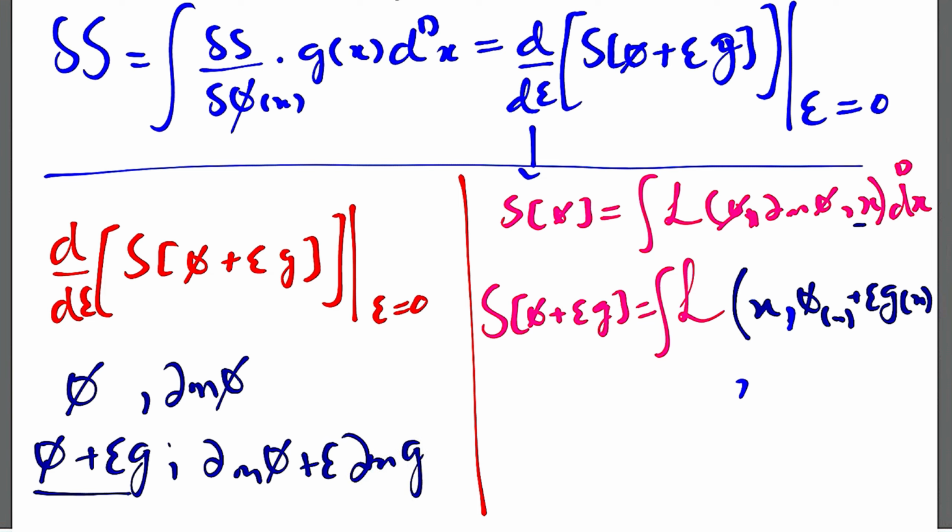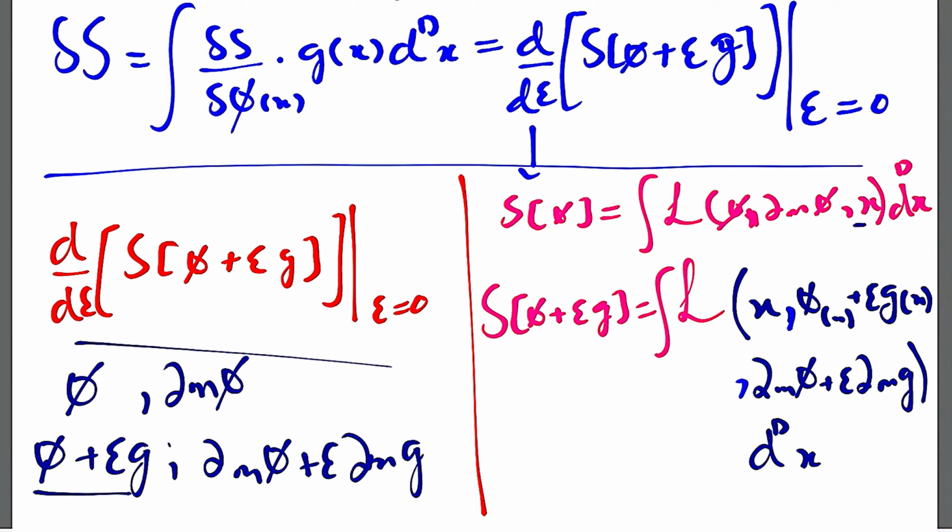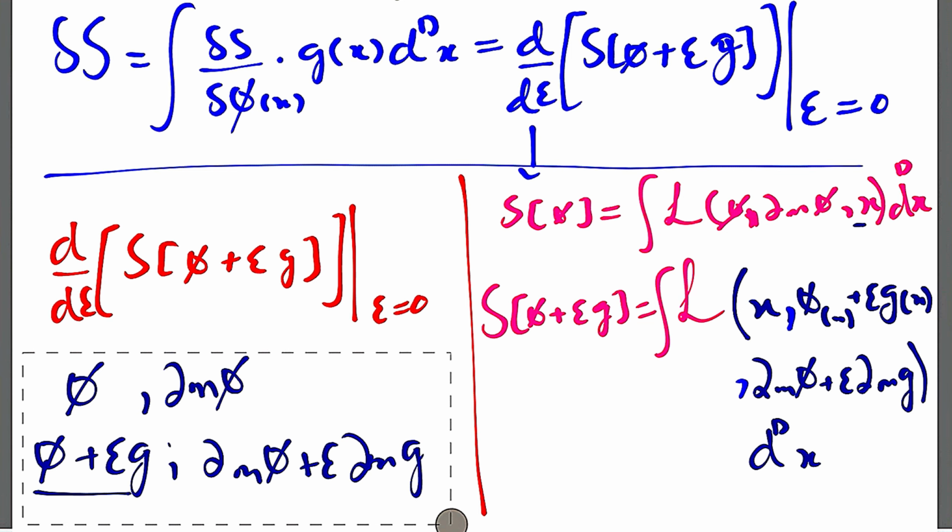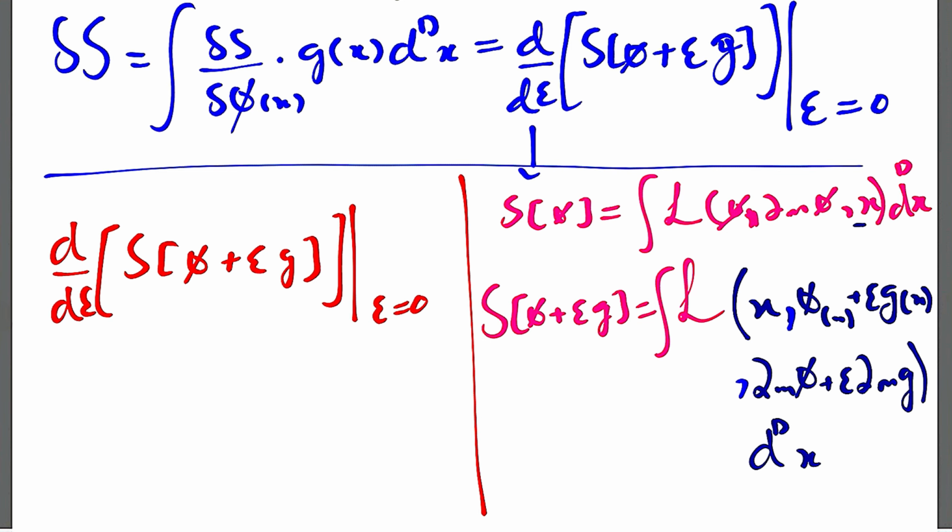So we'll write delta m phi plus e delta m g, g of x, and the bracket closes, and we have d dx. This is the new functional that we need to insert here. And we'll do the simplification from that point on.